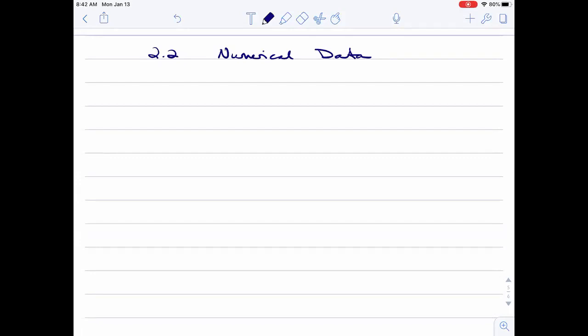And so numerical data is a little bit more of a sophisticated beast, and we'll need more than just counts in order to summarize it. In fact, we need to look at three things. We need to look at the shape of the distribution, we need to look at the center, and we need to look at the spread. Okay.